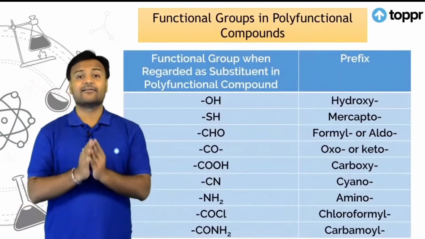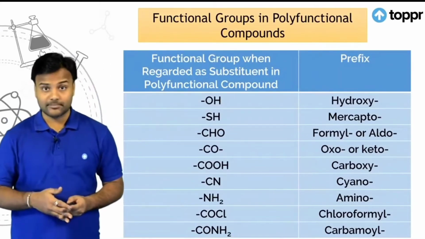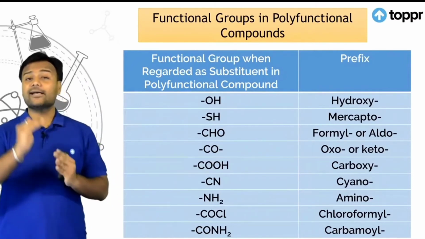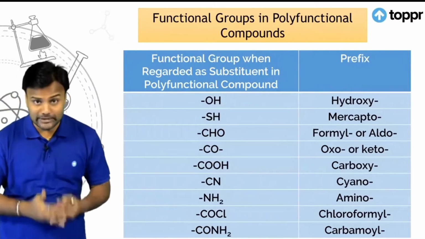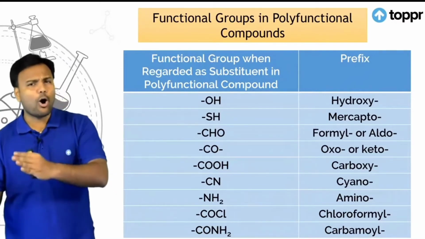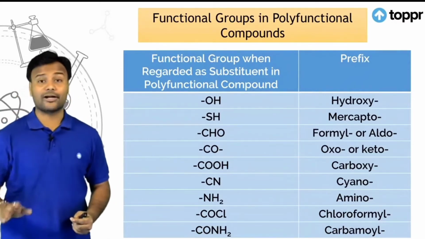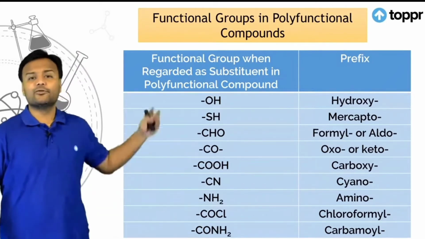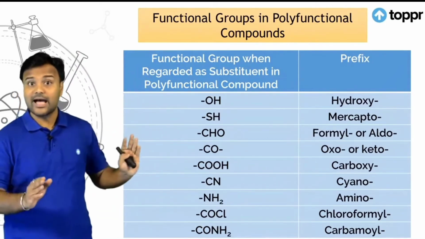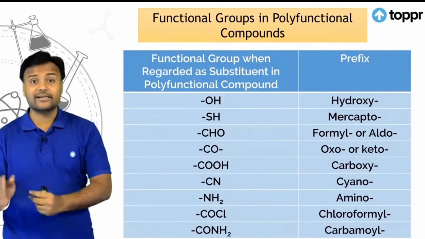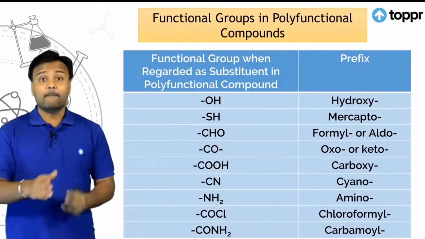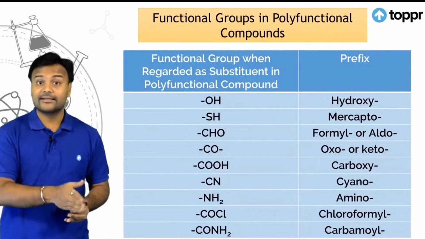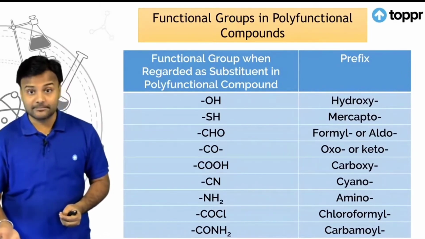Also, we can see that these are the various functional groups. Among these, the highest priority group will be your principal functional group, and all the rest of the functional groups in that organic compound act as substituents. Clear? For example, OH as a secondary suffix ends with OL. But if this OH acts as a substituent or a prefix, then it becomes hydroxy.